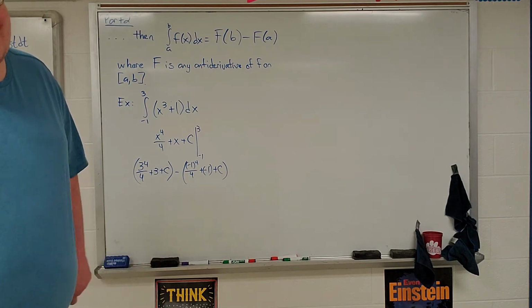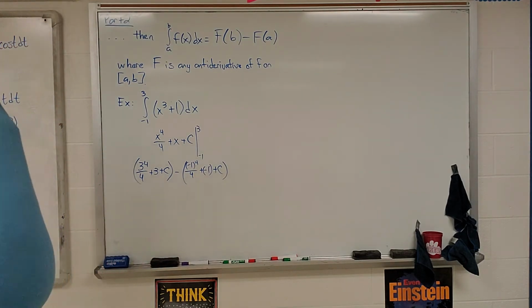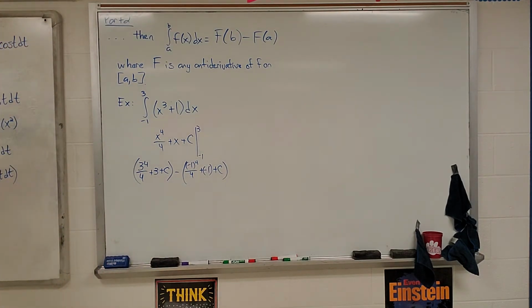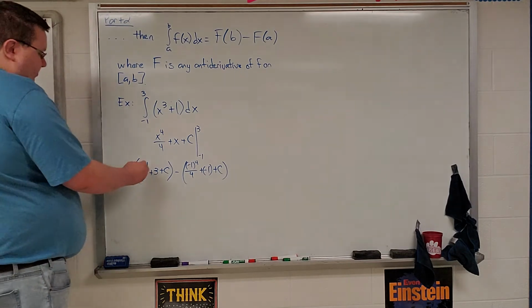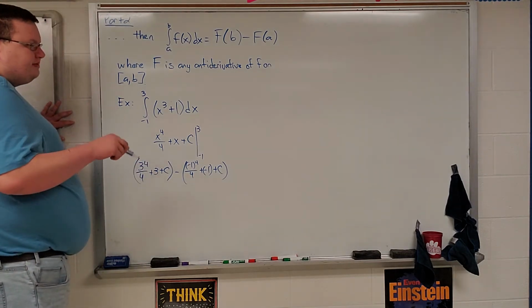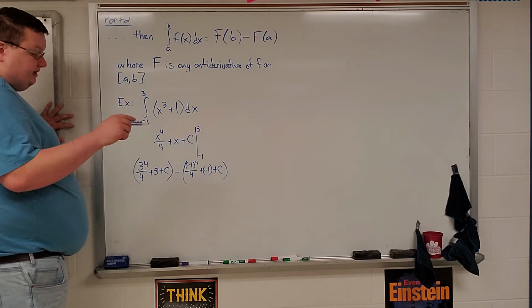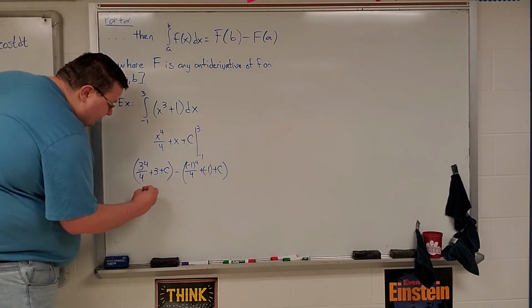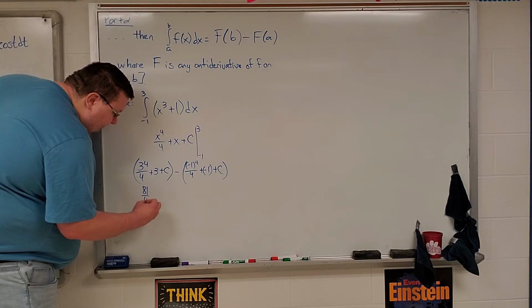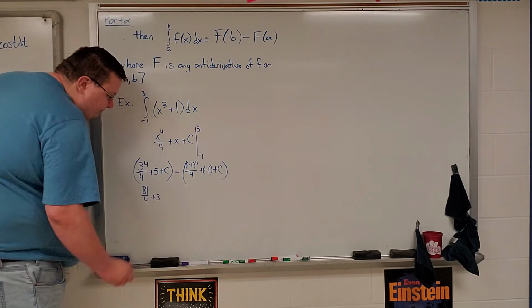Yes, there is such a thing. So, we will need the plus c in the next chapter for sure. 3 to the 4th, that's 3 times 3, which is 9, times 3 times 3, that's 9 times 9, basically, which is 81. So that gives me 81 over 4 plus 3.